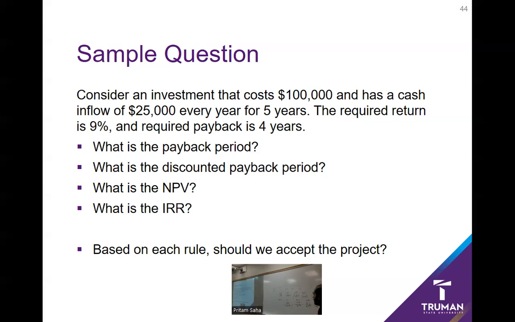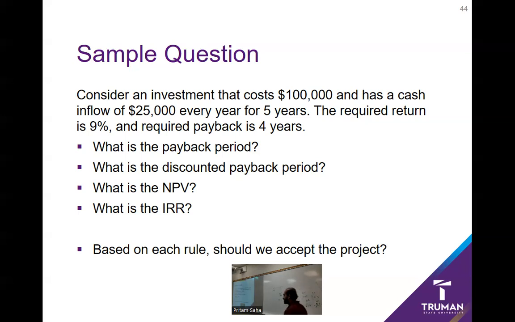So basically, at the end of year one, our discounted cash flow payback amount is 22,000 something. Adding this with the year two cash flow, 43,000 something. Adding that with the year three discounted cash flow, 63,000 something. Keep adding up. The project ends here; it will stop giving cash flow. How much on a discounted basis did we receive? 97.1, roughly.